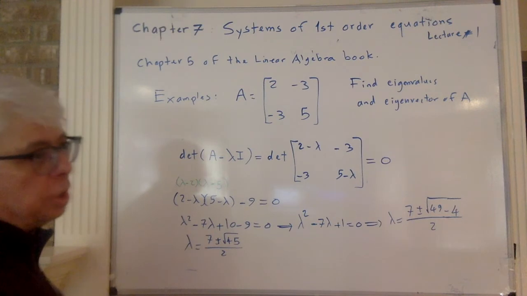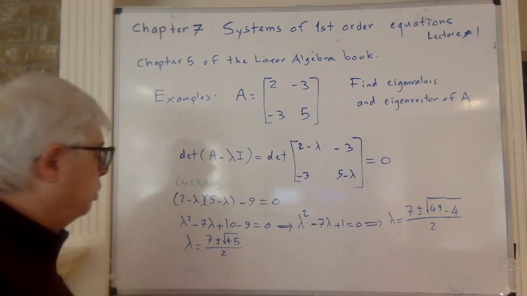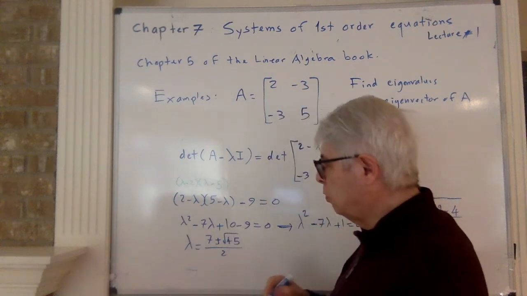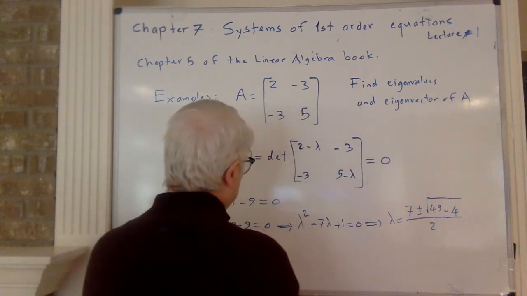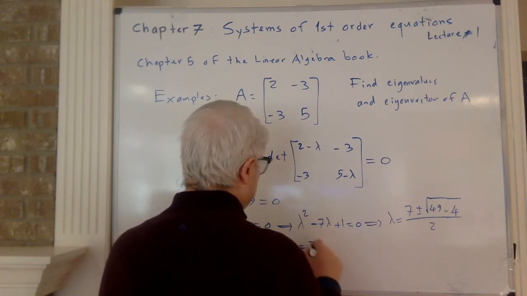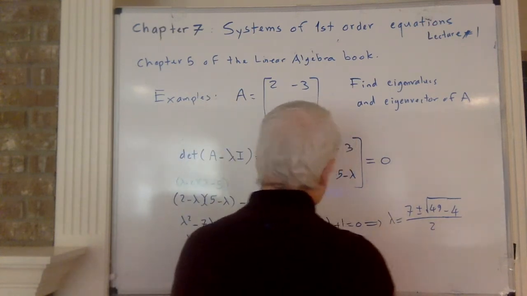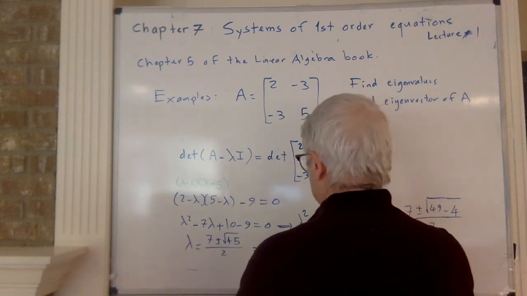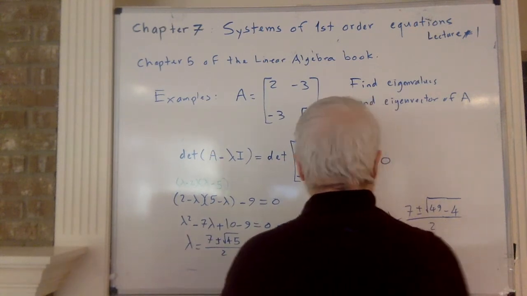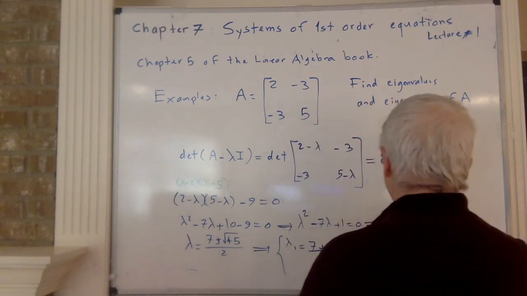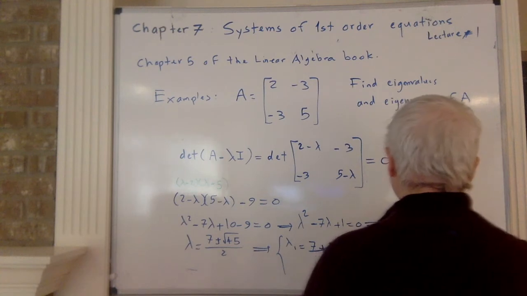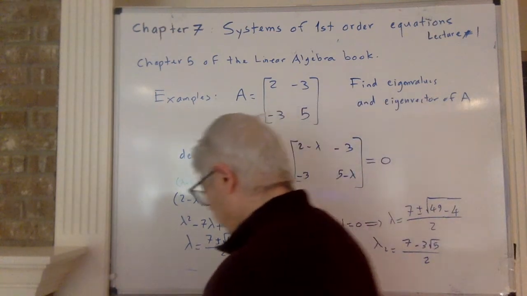Or you can say it is 9 times 5, so it will be plus minus 3 square root of 5. So we have 2 lambdas. Lambda 1 will be 7 plus 3 square root of 5 over 2. And lambda 2 is 7 minus 3 square root of 5 over 2.